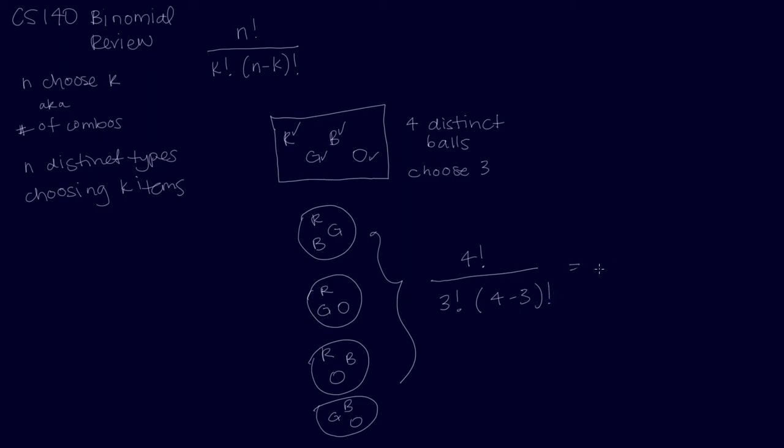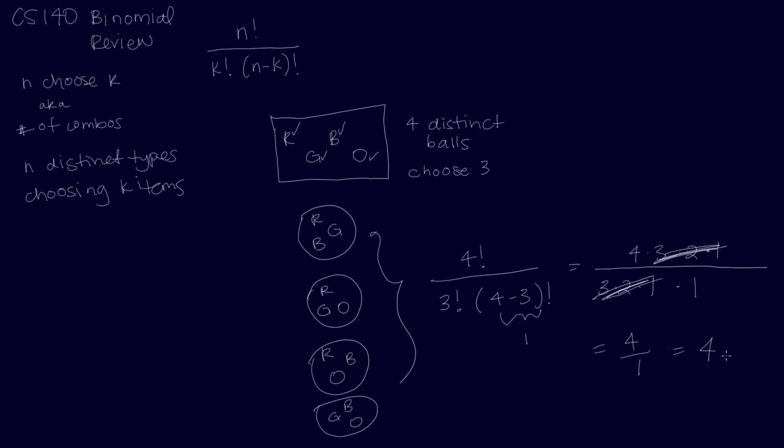So what is this equal to if I actually write out the multiplication? 4 times 3 times 2 times 1, over 3 times 2 times 1 times 1. This is equal to 1, right? So just another times 1. So this is going to cancel out with this. And I'm left with 4 divided by 1, which of course is equal to 4. So my little check by hand is right.